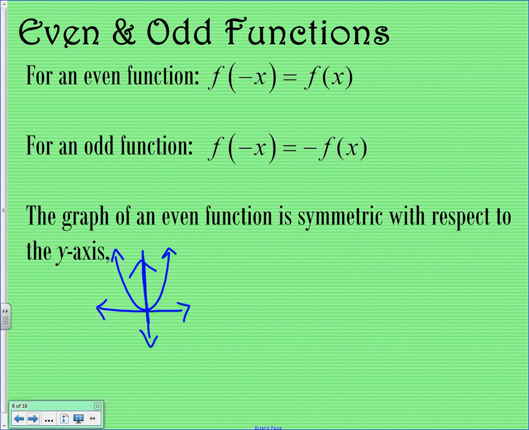And if you take y equals x squared and you replace all of your x's with negative x, well, what is negative x squared? That's still x squared. And so this function here and this function here are still the same thing. And so that's why it's an even function. Because when we replace negative x in our function, we still have the same thing as our original function.